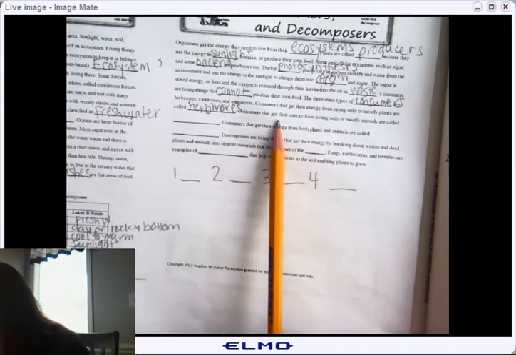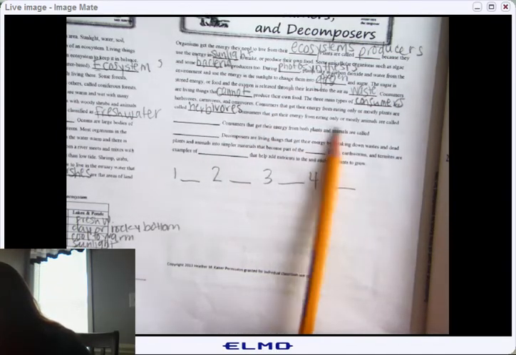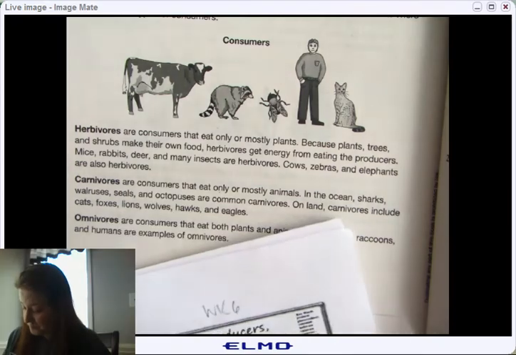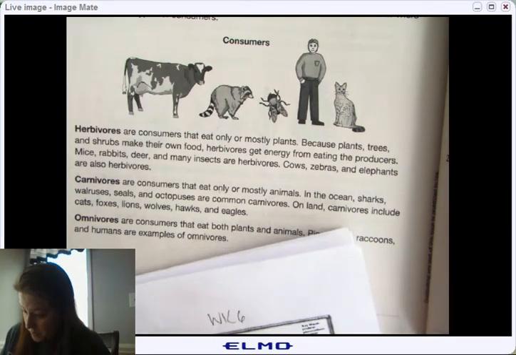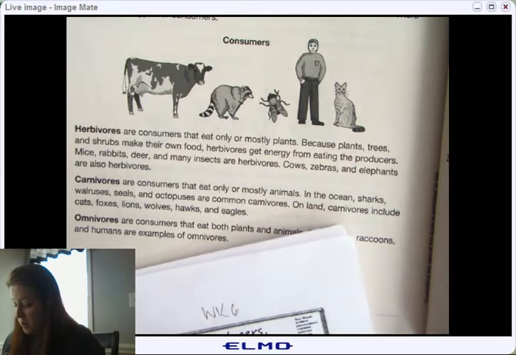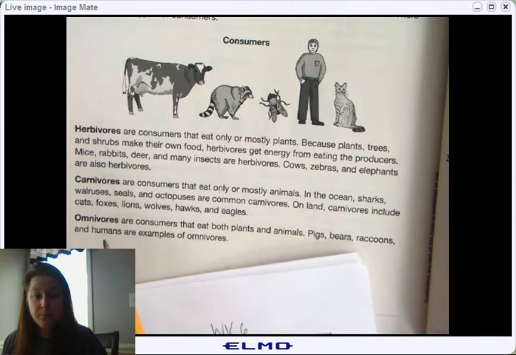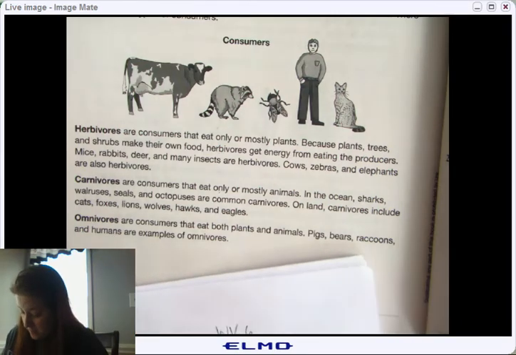Consumers that get energy from eating only or mostly animals are called carnivores. Consumers that get their energy from both plants and animals are called omnivores.